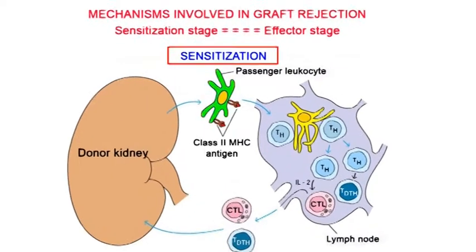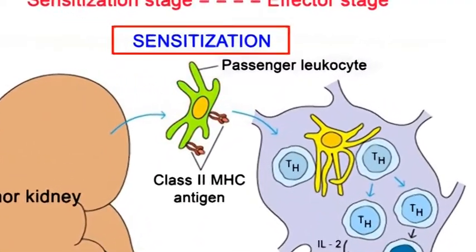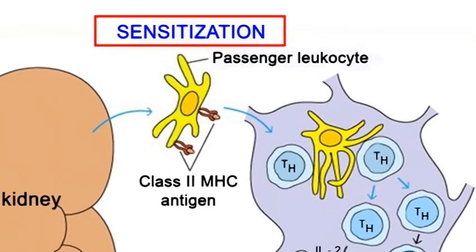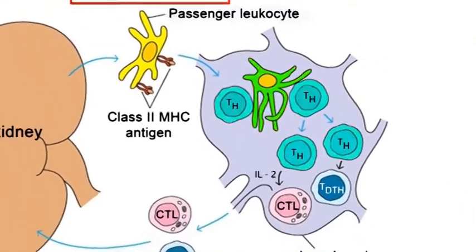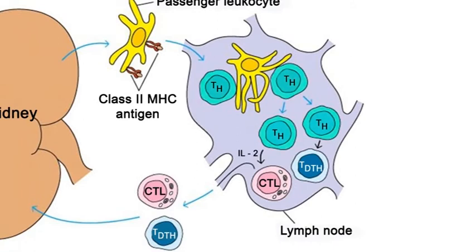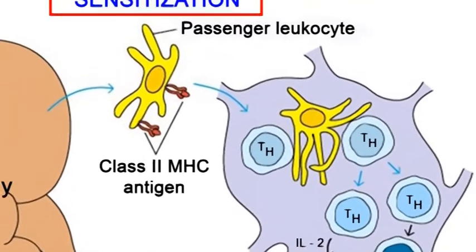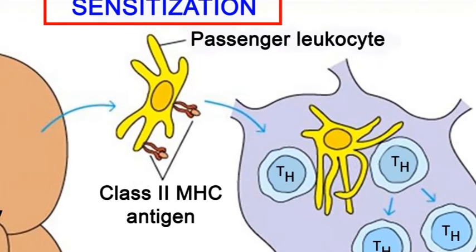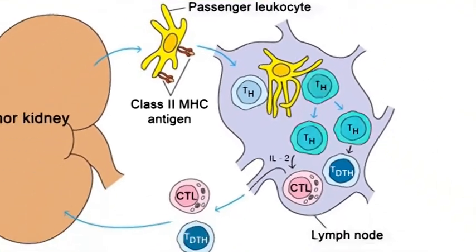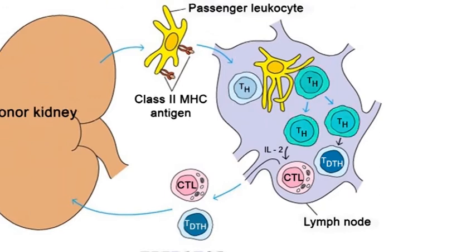The antigen-presenting cells, or the APCs, endocytose the foreign antigens and present them to the host T helper cells. The major APCs in the graft are the dendritic cells, which constitutively express a large number of class II MHC molecules. Recognition of these alloantigens leads to vigorous proliferation of T cells.